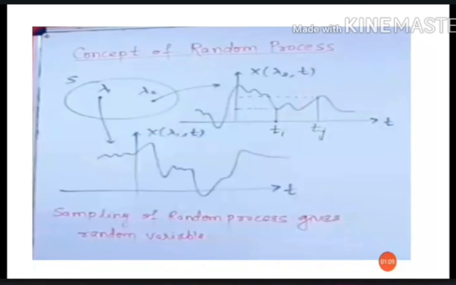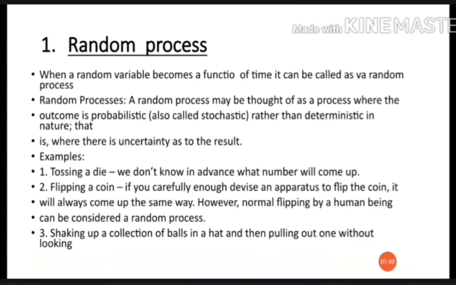The sampling instants will give us the random variables, like we sample at t1 and we sample at t2, that is ti and tj in the figure. That means if we draw a vertical line in the graph, we get the random variables. That's all of that, just talking about the random process again.